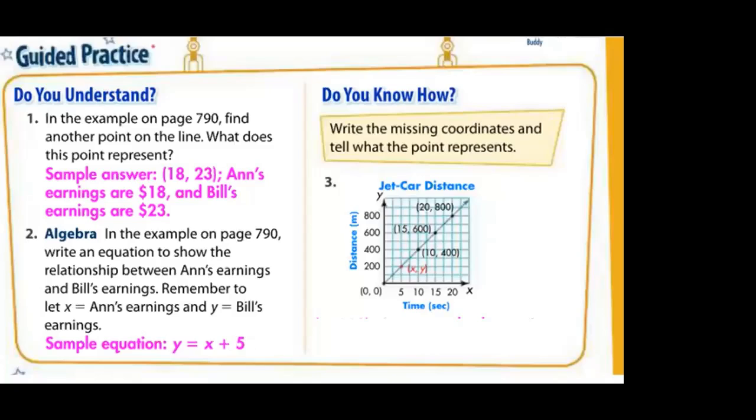From the graph, drop a perpendicular from 5 to the straight line here. You will find that the corresponding ordered pair will be 5 and 200. So at 5 seconds, the jet car has traveled 200 meters.